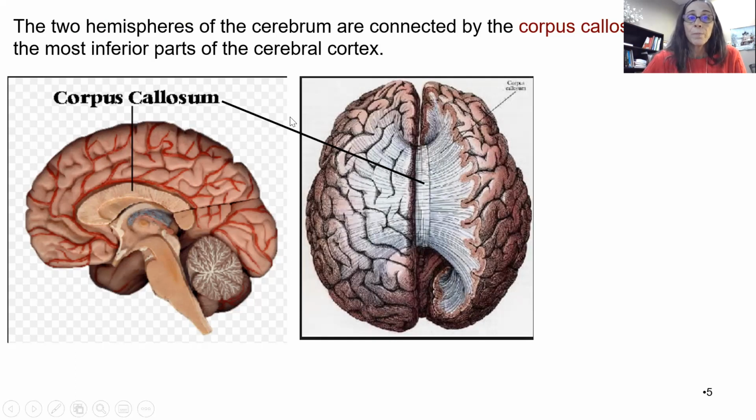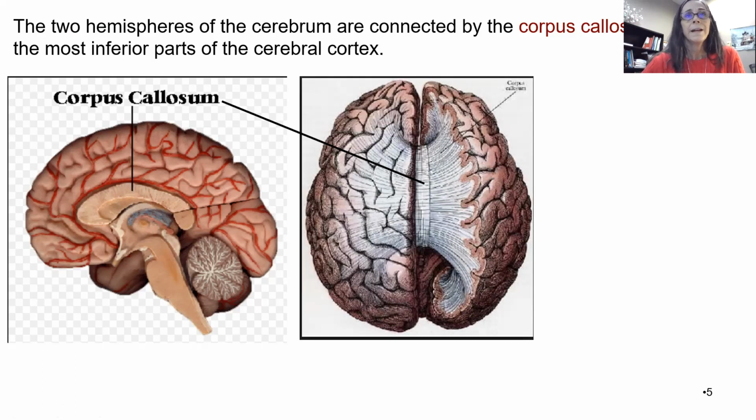And so the corpus callosum is the largest band of neurons that connect directly the right hemisphere to the left hemisphere. So this enables the two hemispheres to be continuously talking to one another. And that is really what it's doing at immense velocities, very, very quickly.